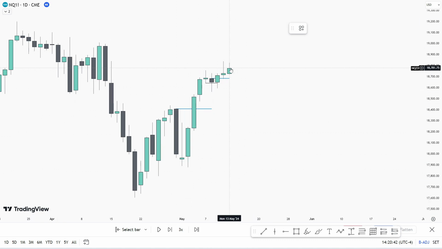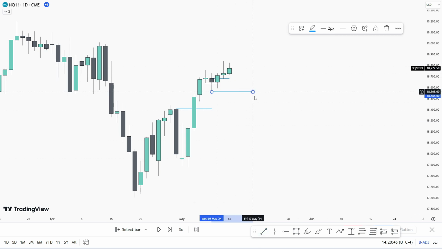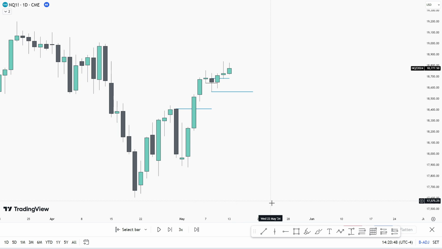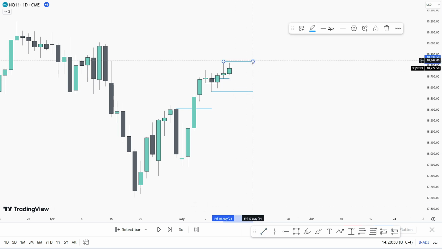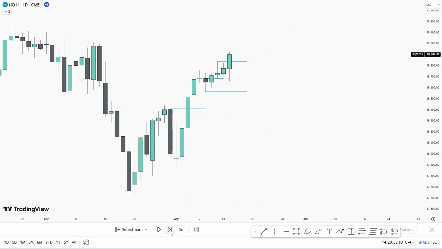So on Monday we had an expansion candle inside the consolidation range. On Tuesday we took this Monday candle's low and closed back inside the range, so the Wednesday will be an expansion candle.